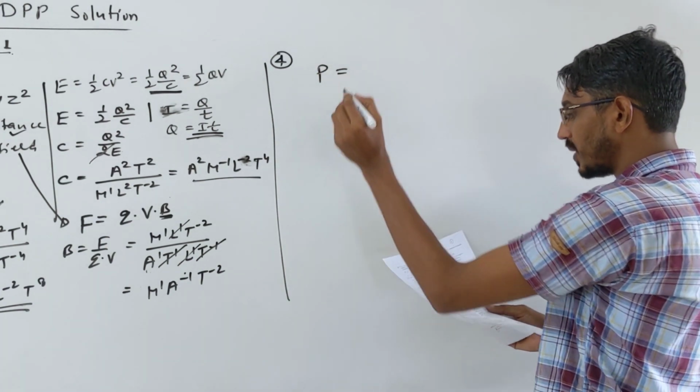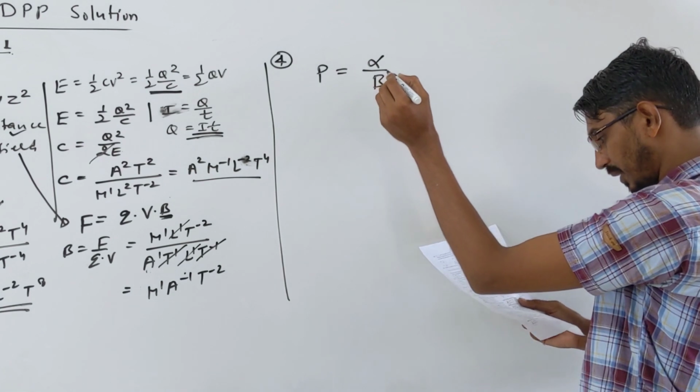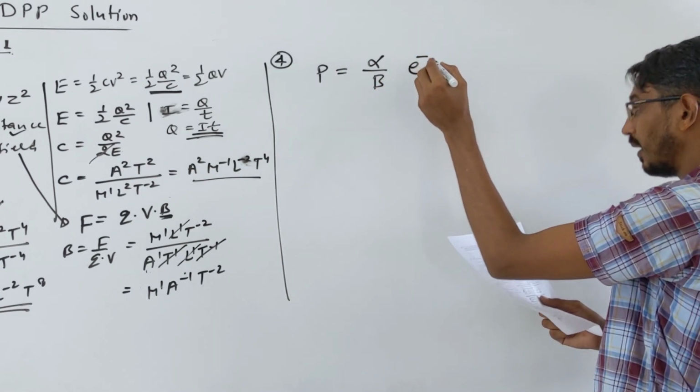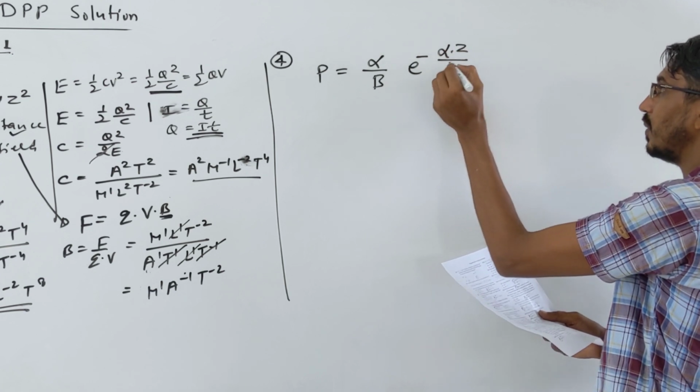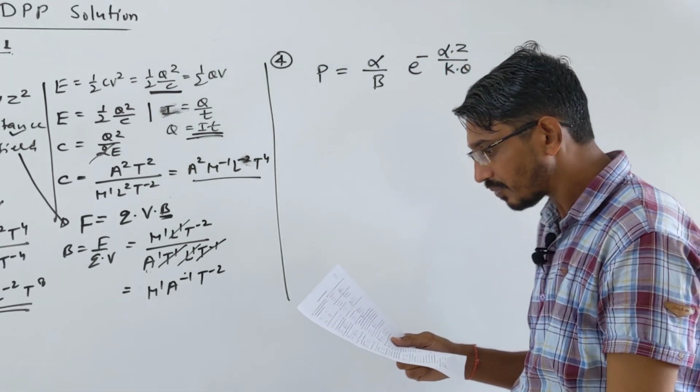I have discussed a similar type of question with you. Here alpha by beta is given, and an exponential function is given, alpha into z upon k into theta.